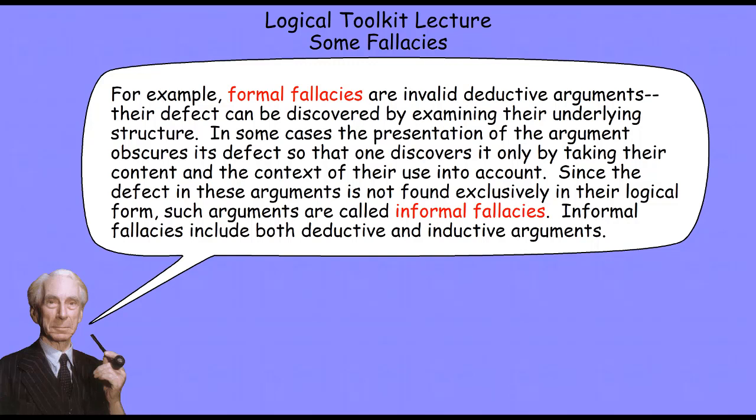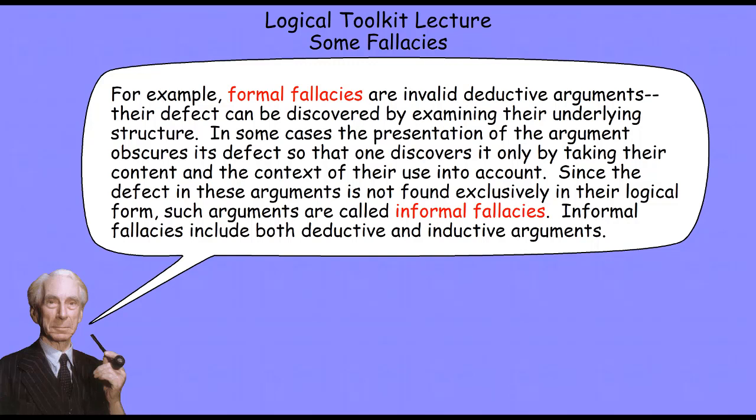And we're only going to discover the defect, we're only going to see why the argument isn't actually successful by taking the content and the context of the use of that argument into account, by examining the argument in the context, and using the content of that specific version of the argument. Since the defect in these arguments isn't found exclusively in their logical form, logicians name these arguments informal fallacies.